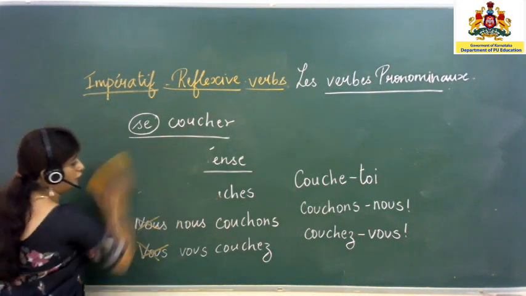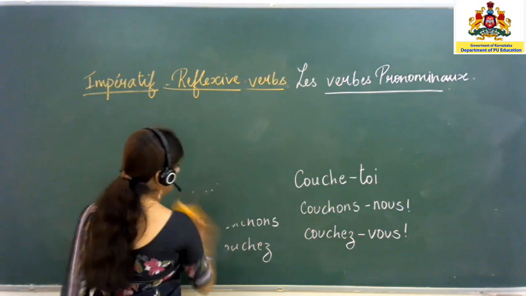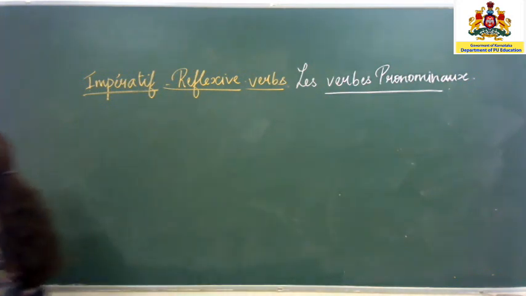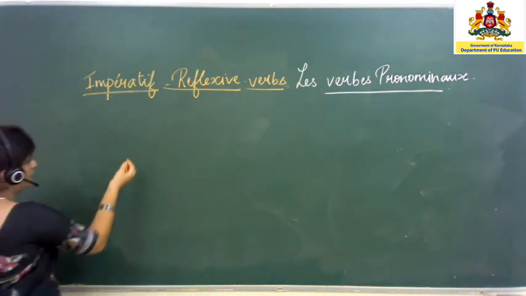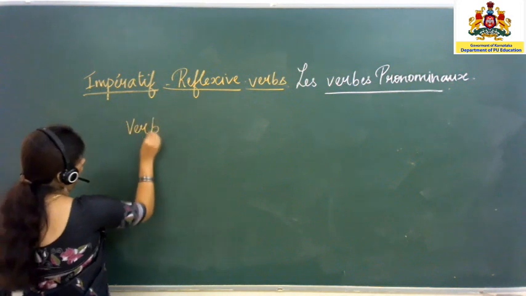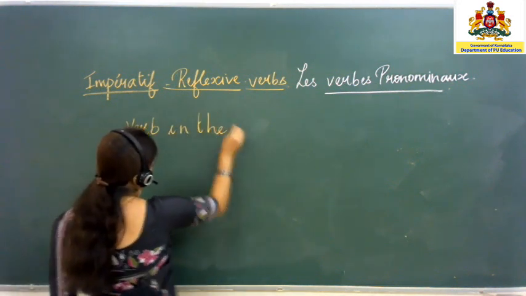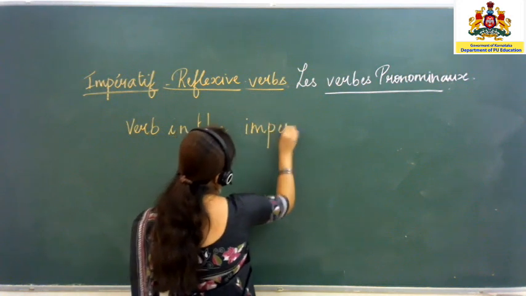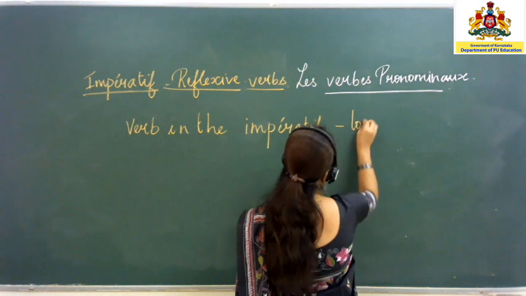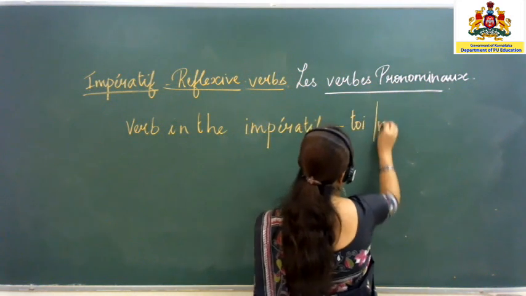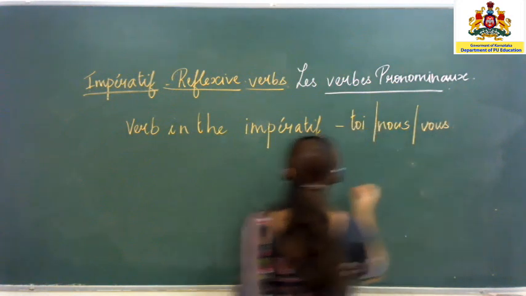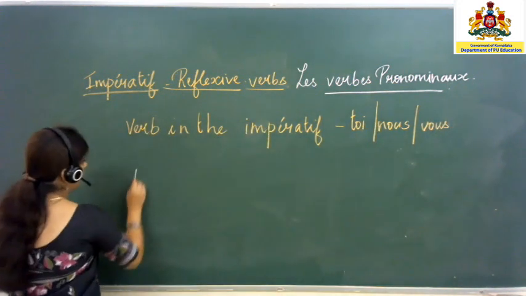I will write the rule for you now. So for reflexive verbs, how does it form? For reflexive verbs, you have to write the verb in the imperative, hyphen, toi or nous or vous. So you have to make a note.